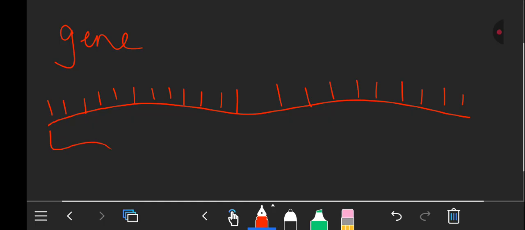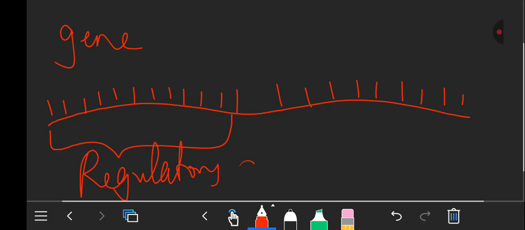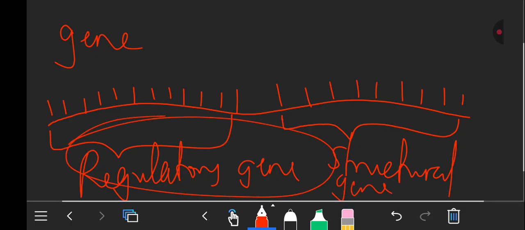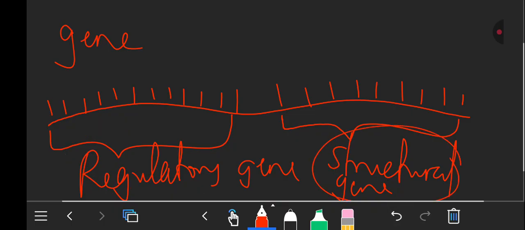This portion we have here is the portion which we are calling the regulatory gene. Then this other portion here is the structural gene. So this regulatory gene is the one which is able to carry out the regulation or the control of the production of proteins. Now this structural gene is the actual gene which codes for the proteins. So we need to appreciate that concept.